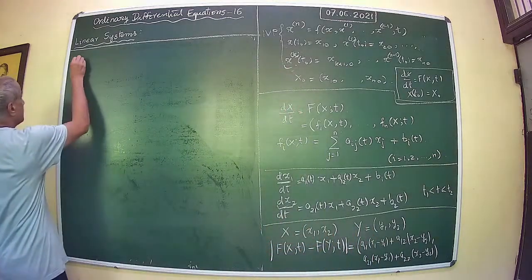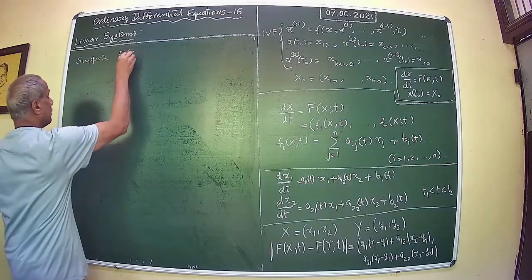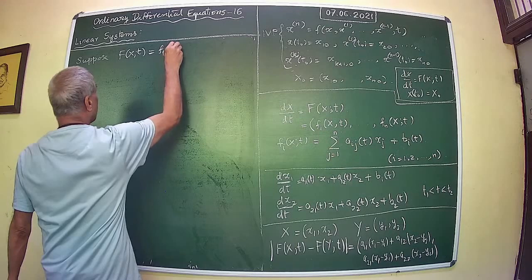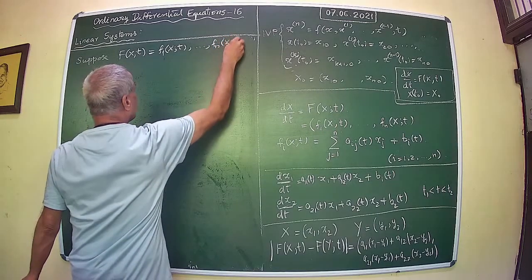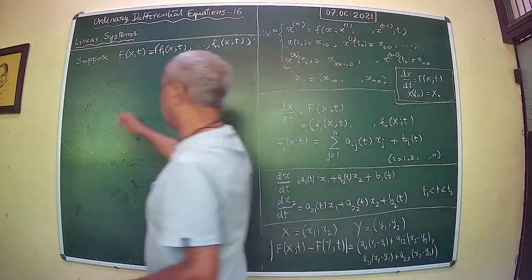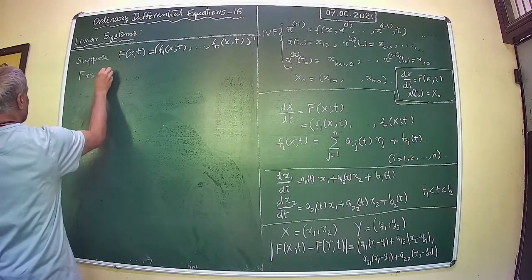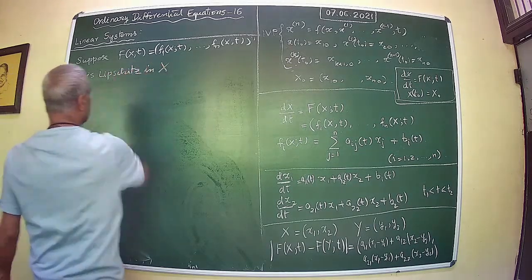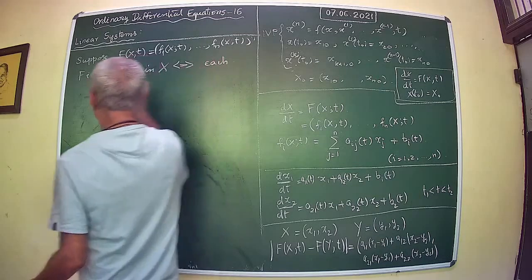Suppose f of x, t is... Then we have shown that f is Lipschitz in x if and only if each Fi is Lipschitz in x.